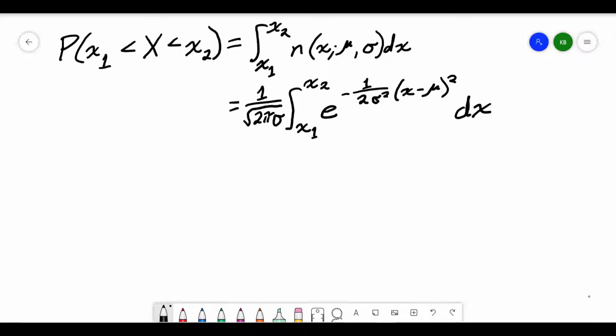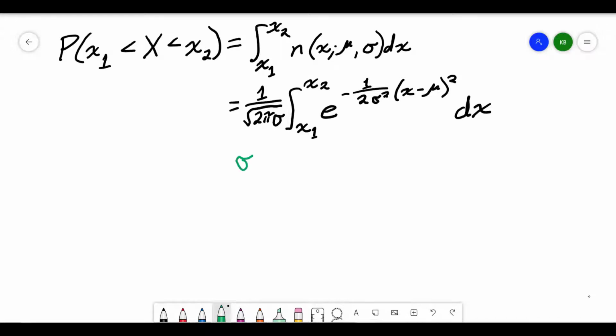You'll notice my variable x is actually nested twice within functions, so it's really not a fun integral to take. But I can look at this and say, you know what would be amazing?